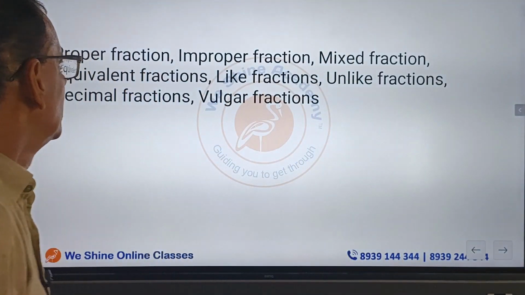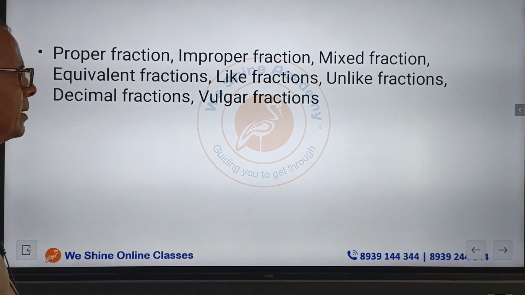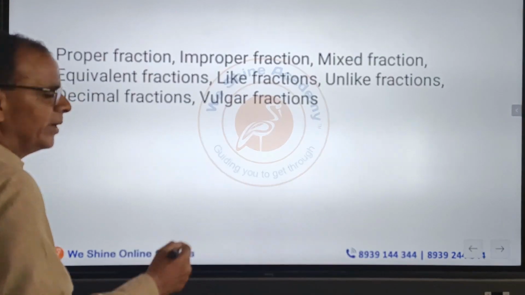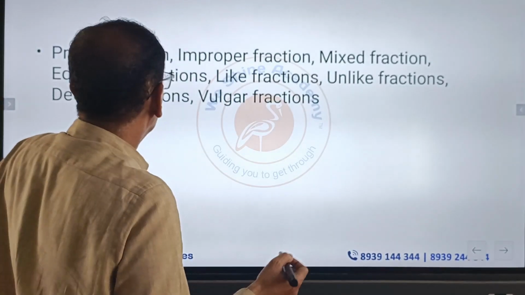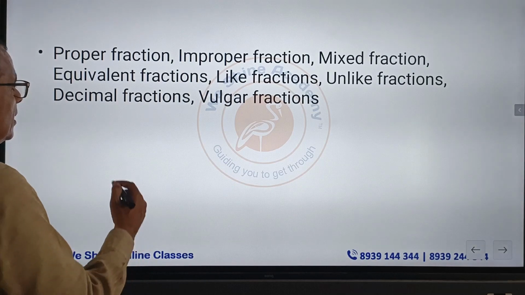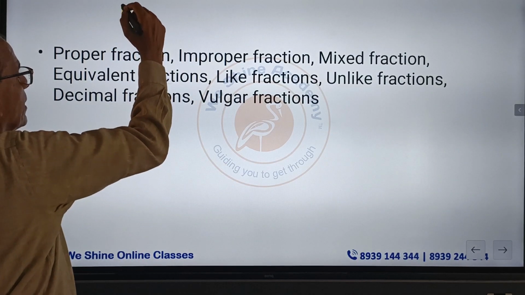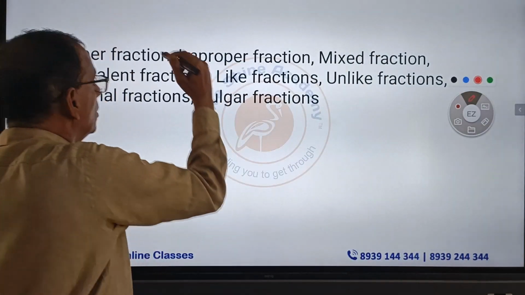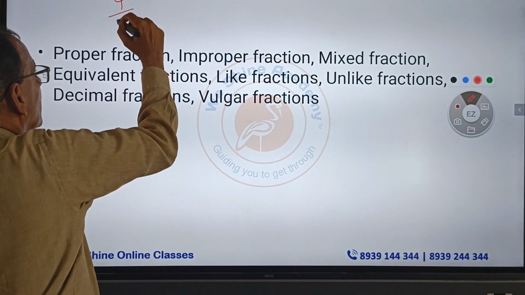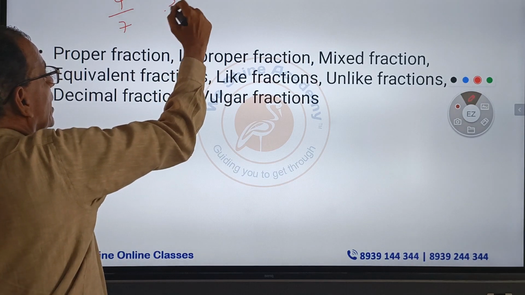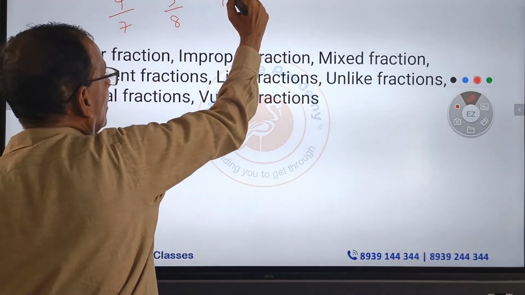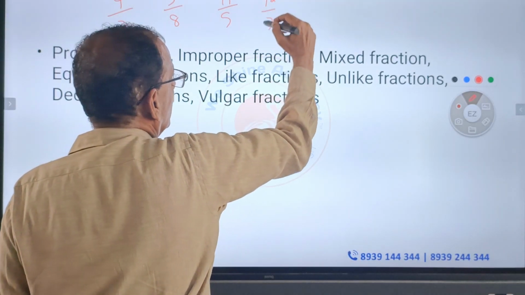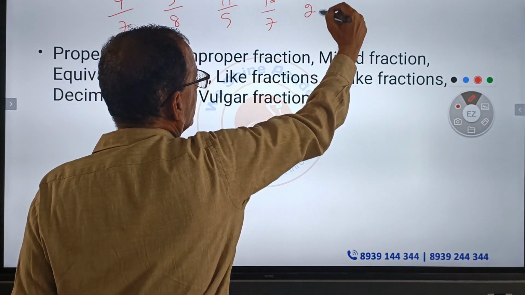Then, proper fraction, improper fraction. What do you mean by fraction? We just now discussed natural numbers, whole numbers, etc. Suppose I write 4 by 7, 3 by 8, 11 by 5, 12 by 7, 2 1 by 3.